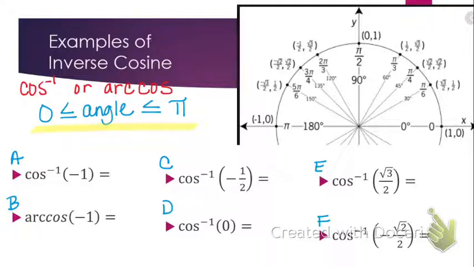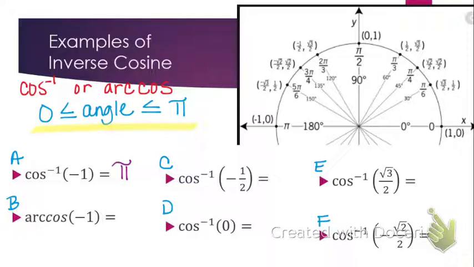Pi. Oh, thank you, Maya. Thank you. So right here, this is where cosine is -1. So my angle is pi. That's the answer to question A.